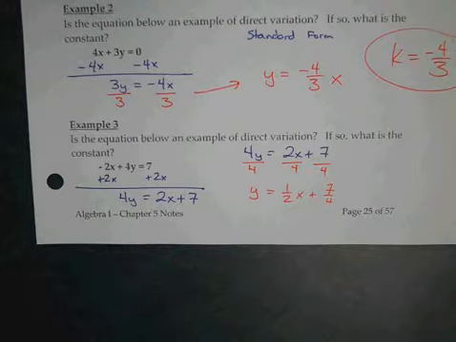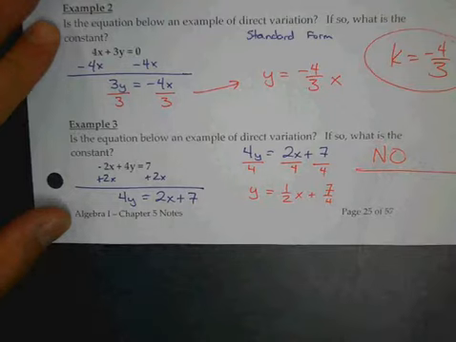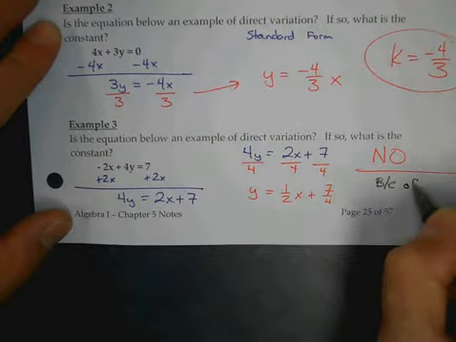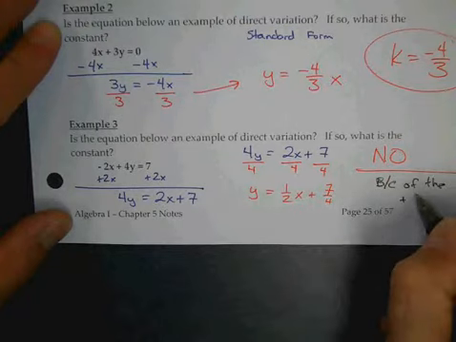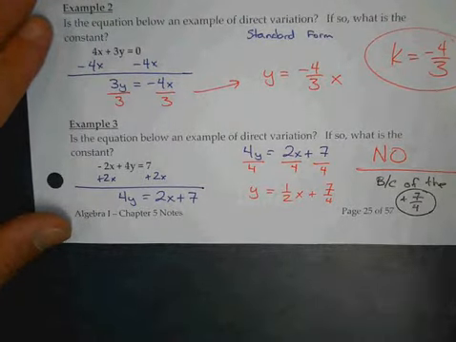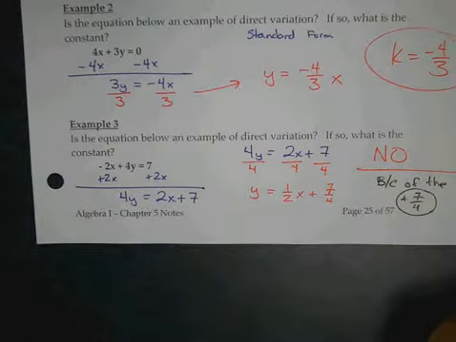Give me the reason why. Okay, there's that extra plus 7/4. Good. So to answer the question, is this an example of direct variation? No. And put a little note to yourself. Because of the plus 7/4. That's the reason why. Okay, so that's not an example of direct variation.